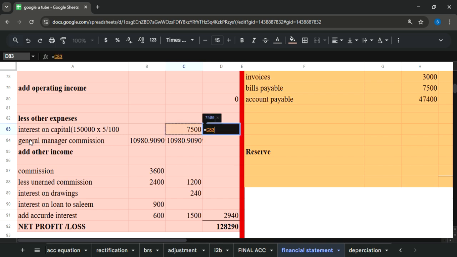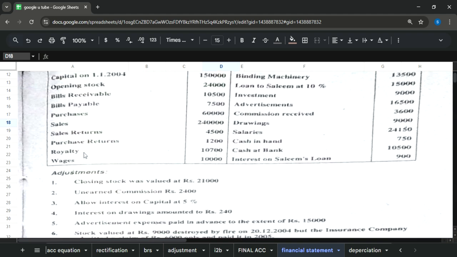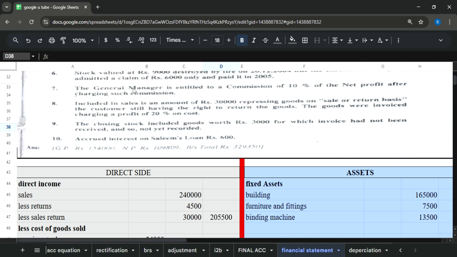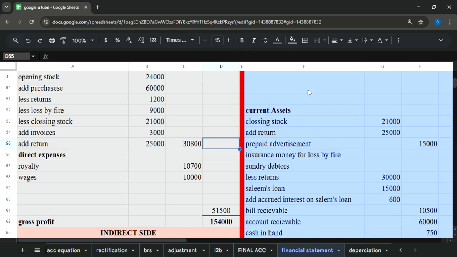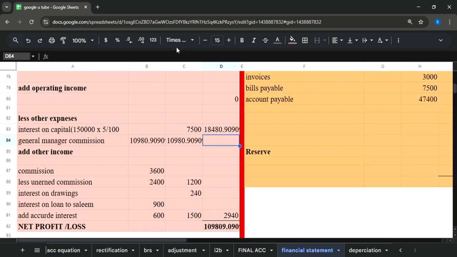So 7,500 plus 10,980. So guys, have you seen that these were other expenses? Once again I'm telling you what we have done. Look, let's get back to the adjustment. Adjustment number 7 was saying the general manager is entitled to a commission of 10%. How you have calculated this commission is very important to know.